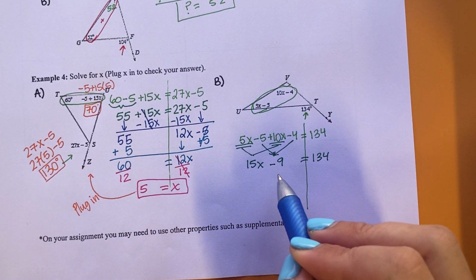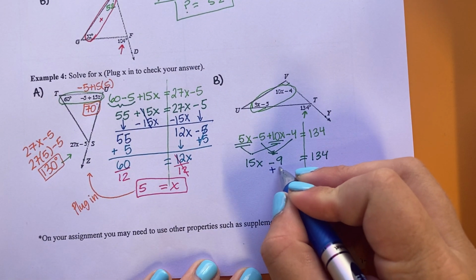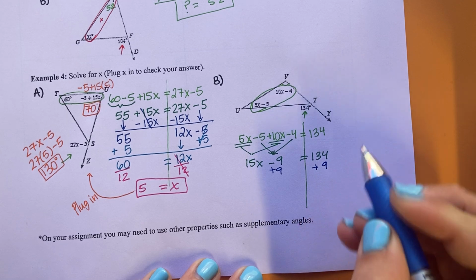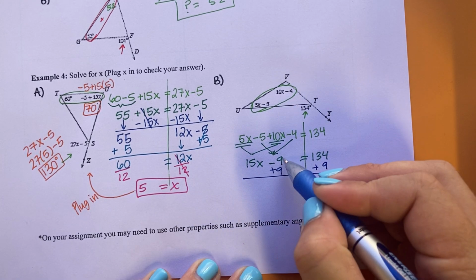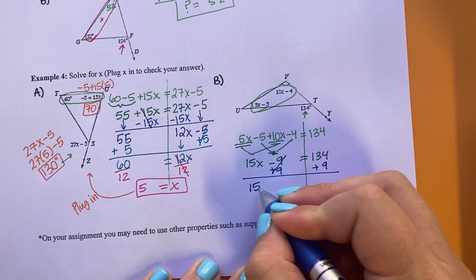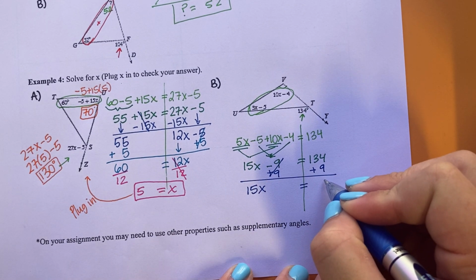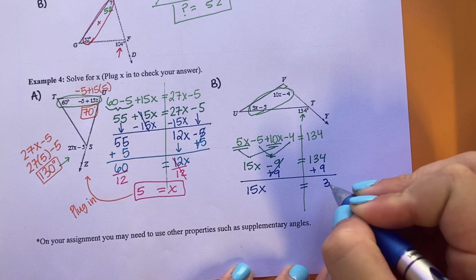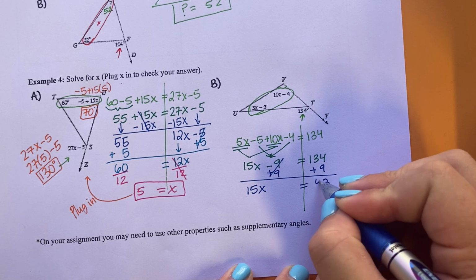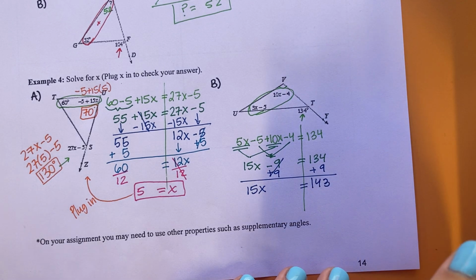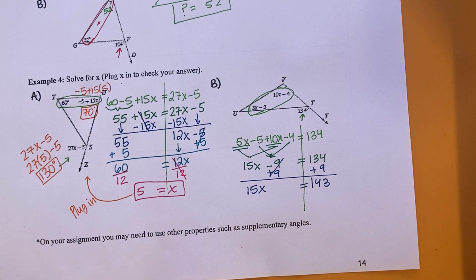Once we combine like terms, we can now solve for x by adding 9, getting the x's alone. And then we divide by 15.